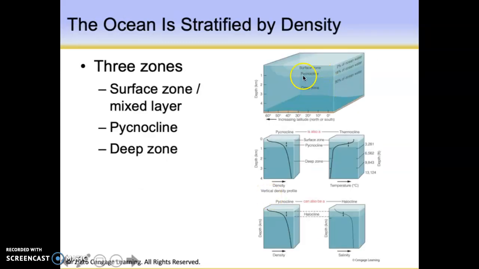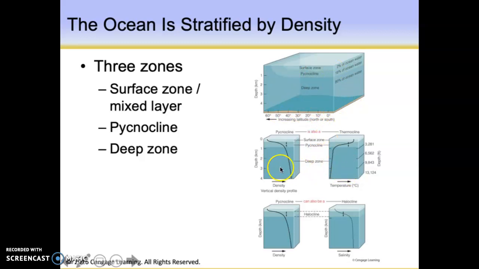It's important to note that the ocean is stratified, or layered, due to density. This diagram from your book shows that the deep water, the deep zone, is dense because the water down there is cold. Remember, it can't get energy from the sun. And also cold water is more dense, and so it sinks. And it's also salty. When we talk about ocean circulation in a few chapters, we'll talk about how that happens.